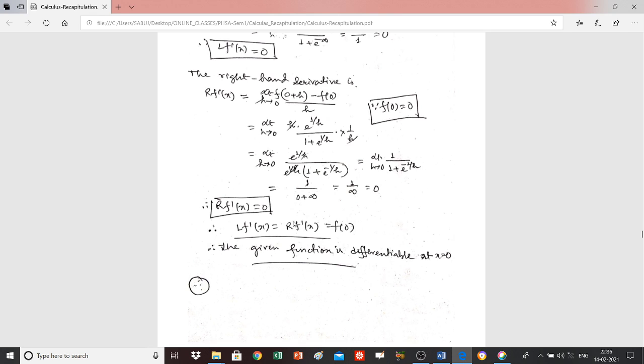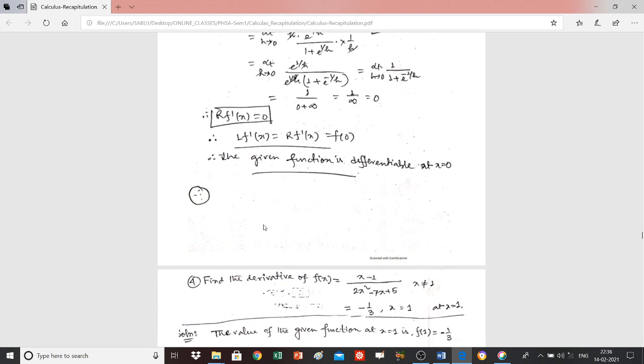So both the left hand derivative and the right hand derivative are equal, and they are also equal to the value of the function at x equal to 0. So this function is differentiable at x equal to 0.